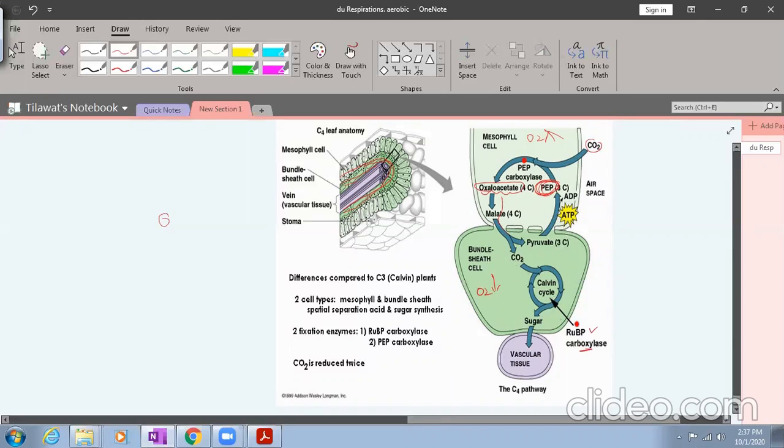So this enzyme will combine carbon dioxide with RuBP, the normal dark reaction start. And that will pass through the Calvin cycle, and again it will form what? RuBP again.